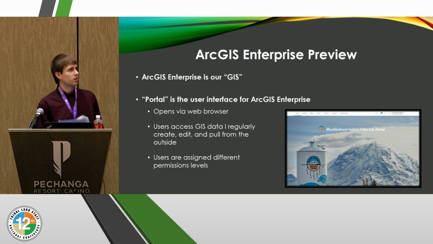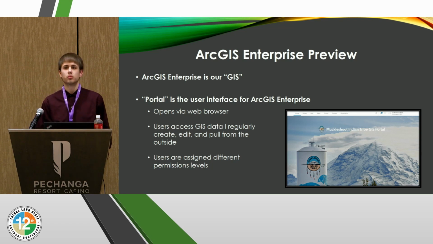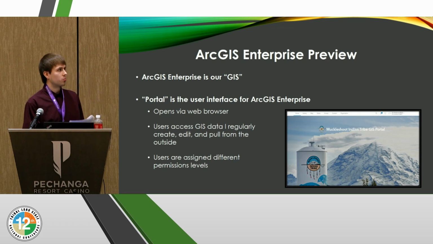So ArcGIS Enterprise has a component called Portal. Portal is the user interface for users to interact with the data. It opens via a web browser. It is accessed by all of our employees, and that's how they create, edit, and pull information from outside. I also want to emphasize that users are assigned different permission levels.